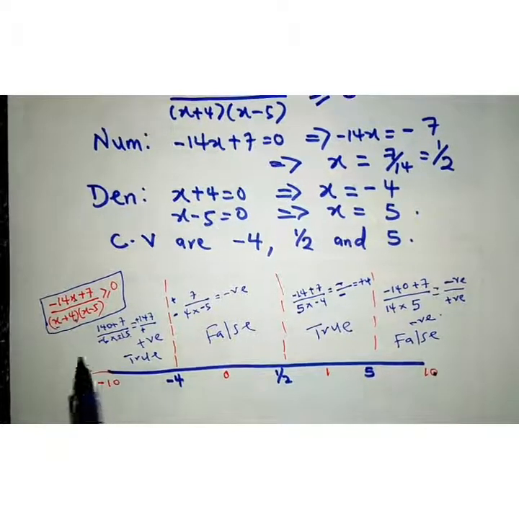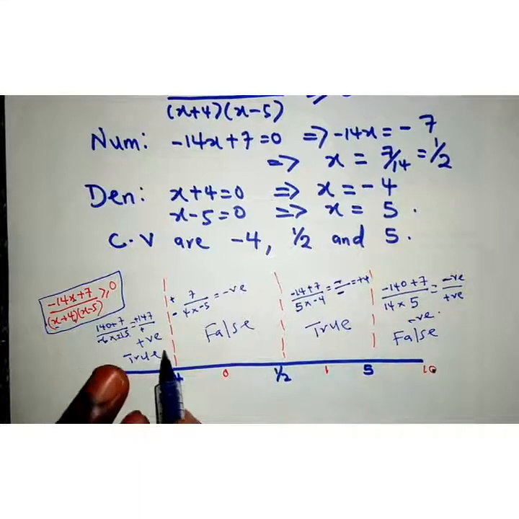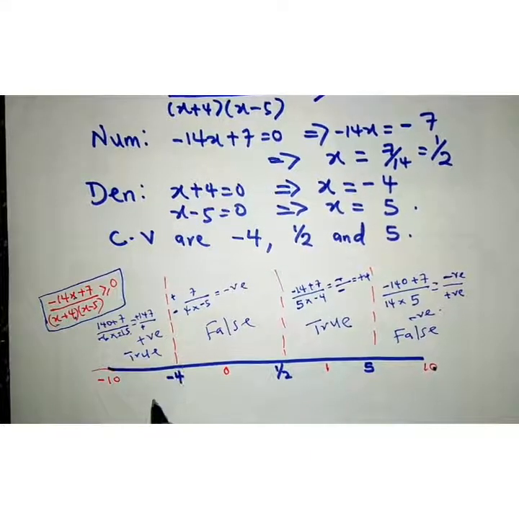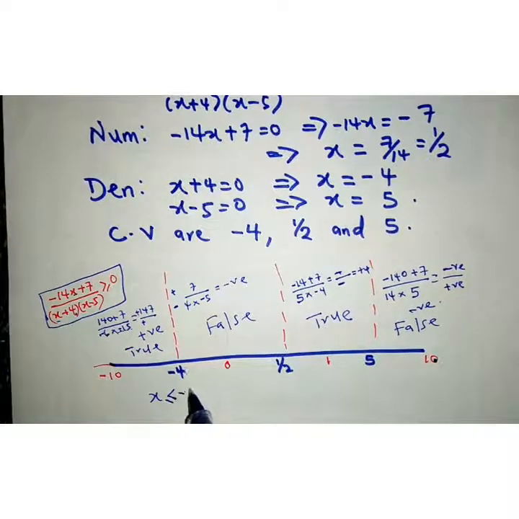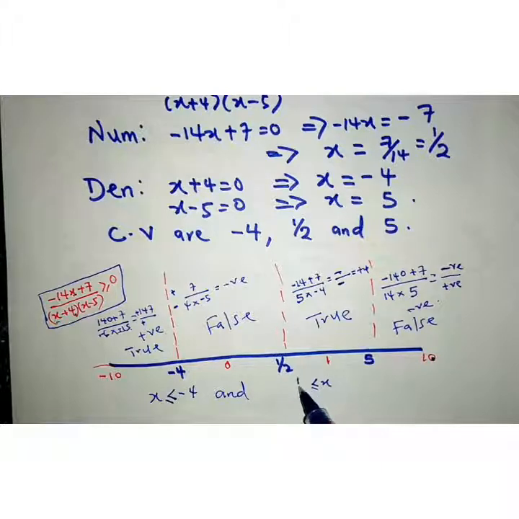So our inequality is true when x is less than or equal to minus 4, and when x is also in this interval, that is, x is between and including 1 over 2 and 5.